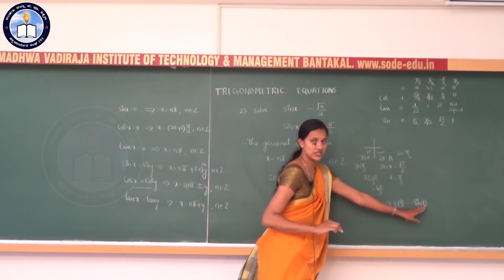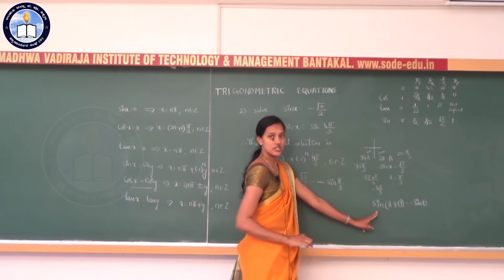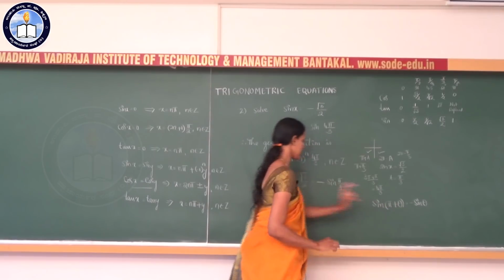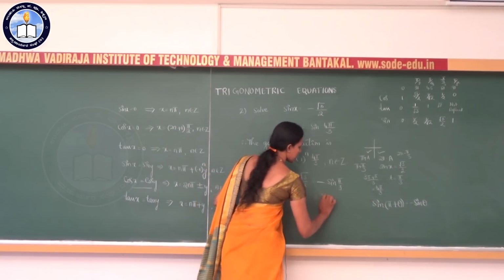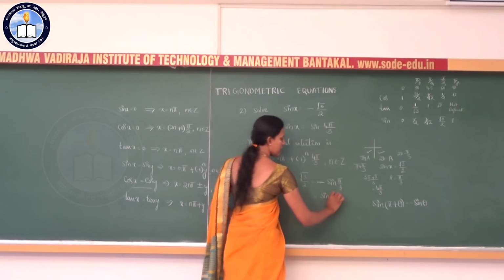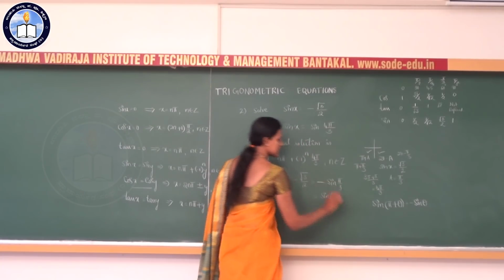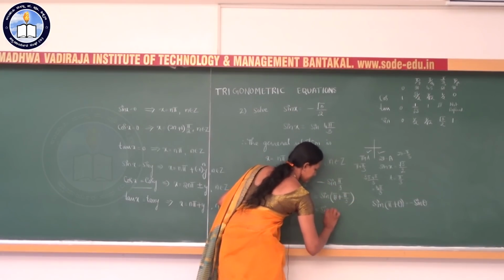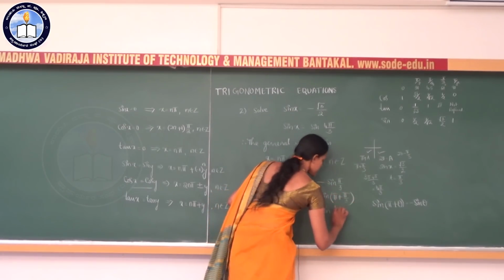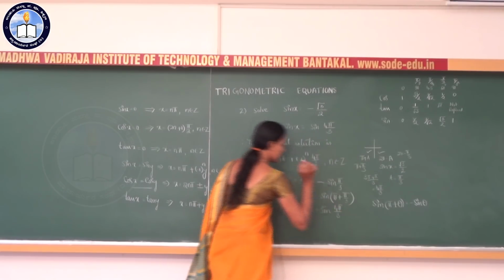So minus sine theta can be written as sine of pi plus theta, that is pi by 3, or it is pi plus pi by 3, which is 4 pi by 3.